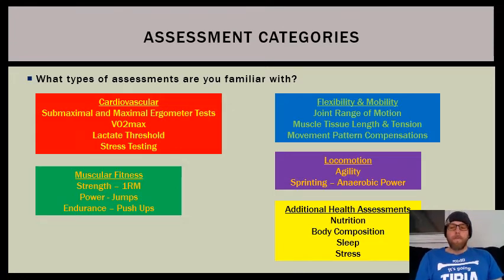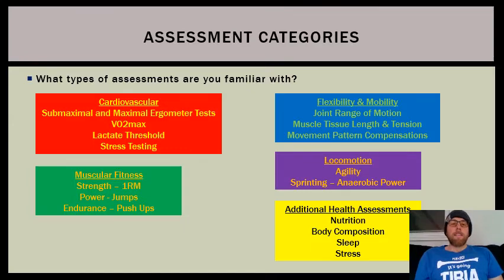There's so many different ways to assess people. In the upper left-hand corner, if we look at the cardiovascular, submaximal and maximal ergometer tests, those are treadmill testing, bike testing, VO2 max testing, lactate threshold testing to see how intensely you can perform without developing a lot of lactic acid.